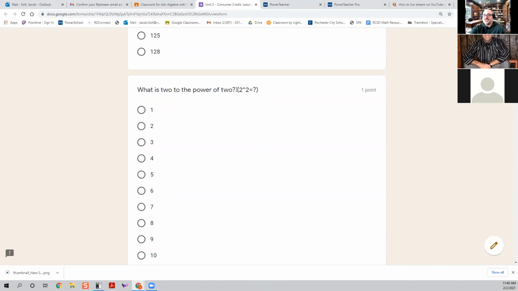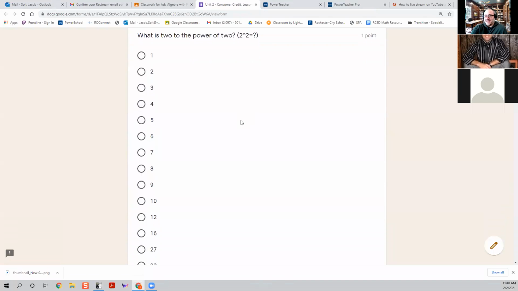It means 2 times itself twice, right? So 2 to the power of 2 is the same thing as 2 times 2, which means we still got 4 again, right? Are we good? 2 to the power of 2 is the same thing as 2 times 2 because it's 2 times itself twice, which happens to be the same thing.